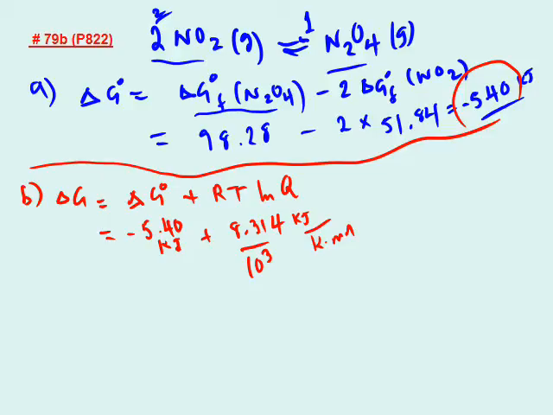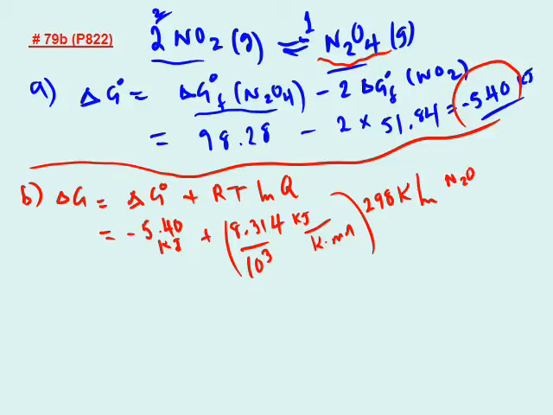And that's our value in kilojoule unit. Temperature is in Kelvin, that's 298 Kelvin. And then log of Q. Remember the Q: product on the top, reactant on the bottom. Let's first write down the Q expression. So this is the expression for Q.